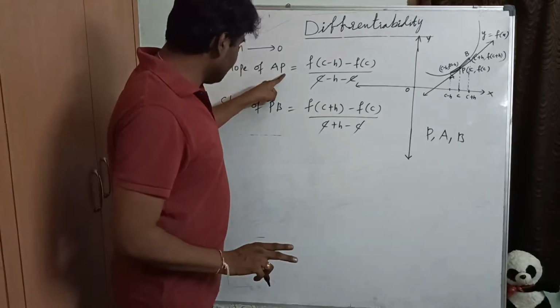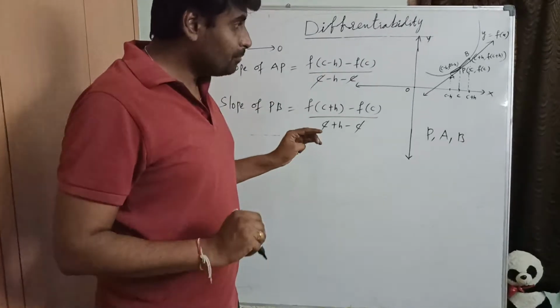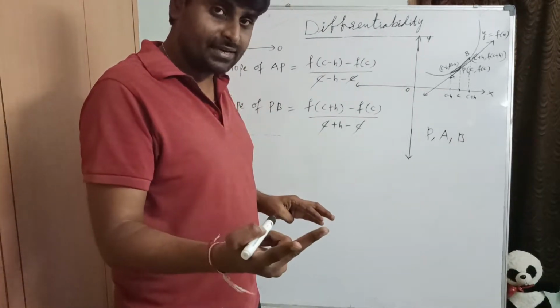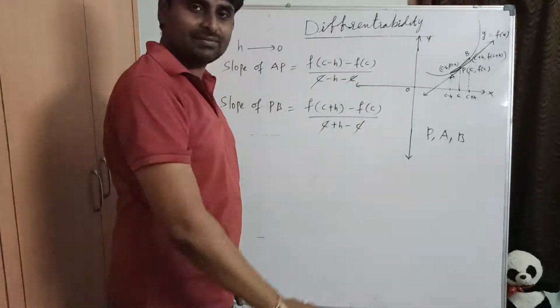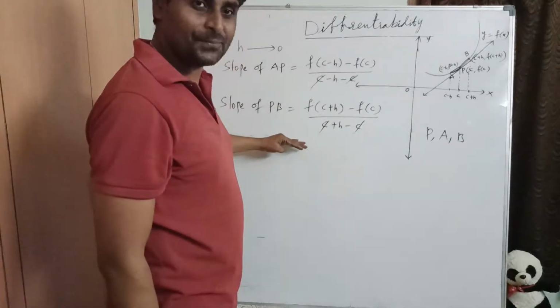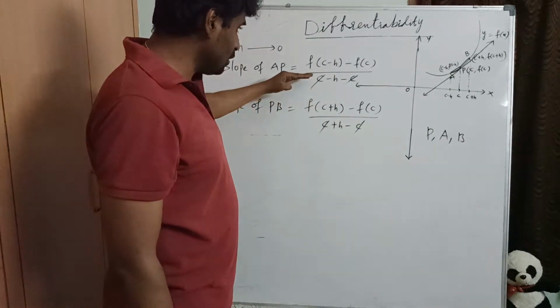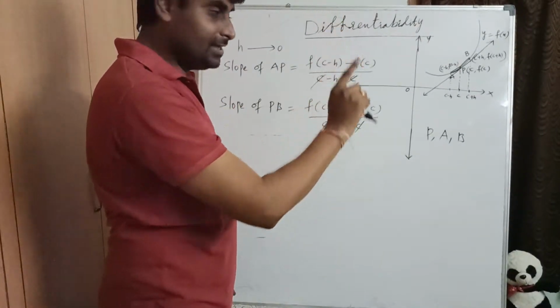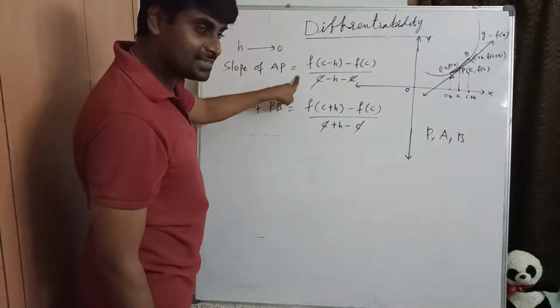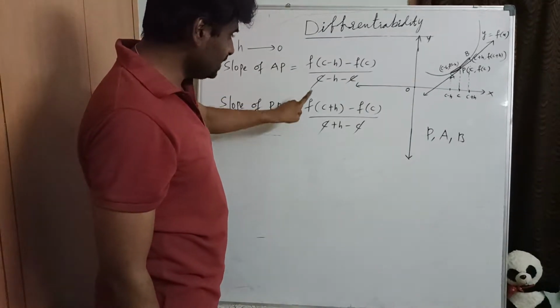Then the AP line segment and the PB line segment will not be two different line segments, so both will coincide. So we'll have one and only one line segment when this one equals this one. Whenever the slopes are equal, it remains a single line. Correct or not? That means this is LHD and this is RHD.